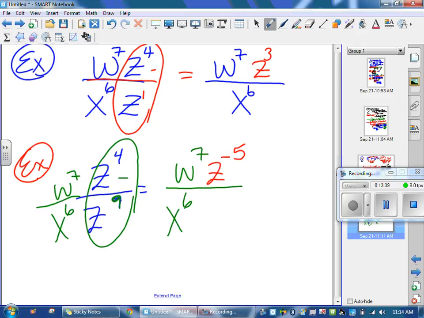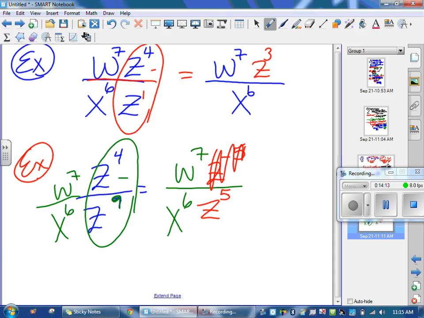Do we like to have negative exponents? No. We don't want the negative. So you always put them where the bigger number is, and then that makes the exponent go positive. The bigger number 9 is on the bottom, so you're actually going to put the Z on the bottom, and then the 5 goes positive. He won't be on top anymore.